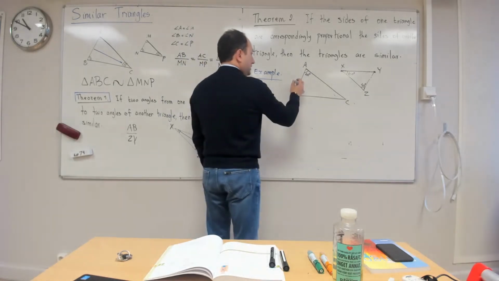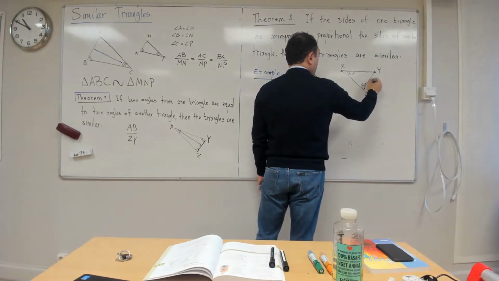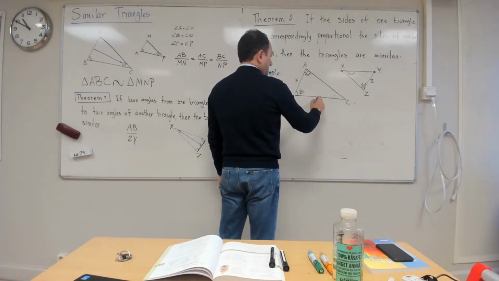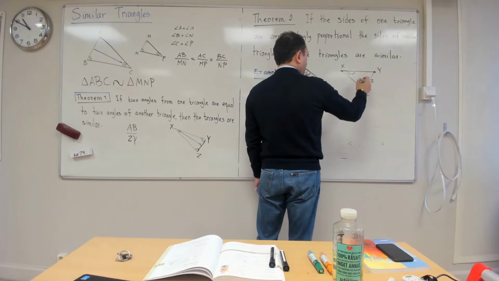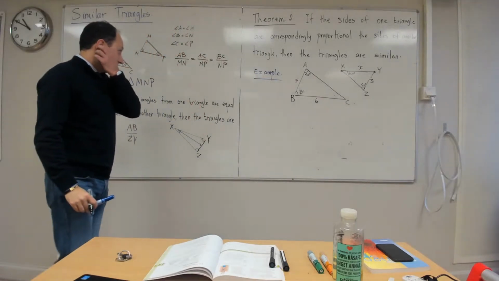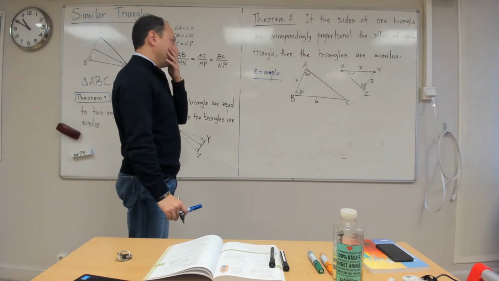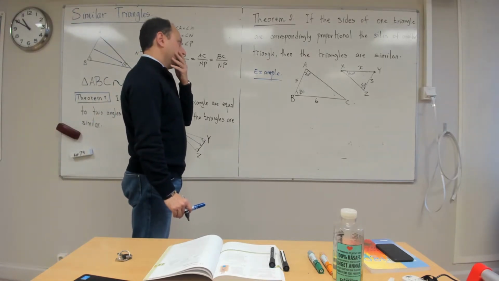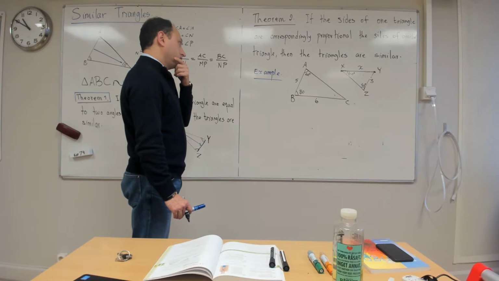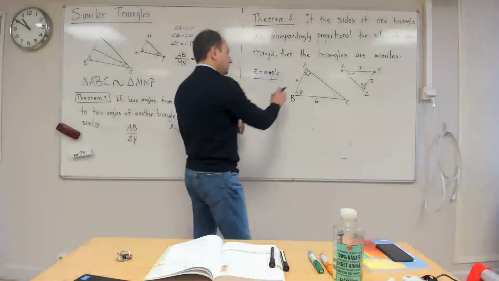And then let me write, for example, 5 here, and 3 here, and then let me write 6. And then I will write X here. Okay? Let me see if I have done everything right.